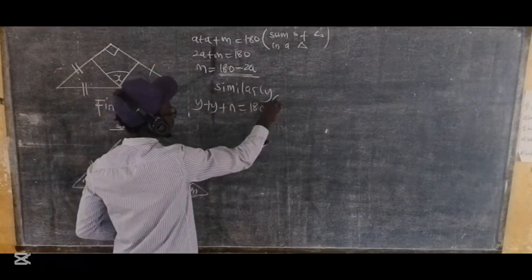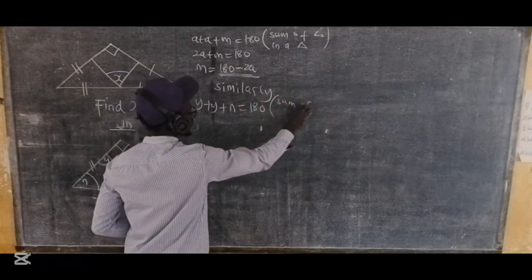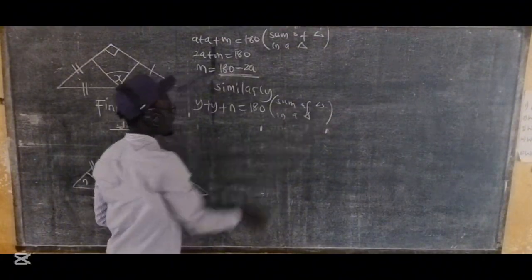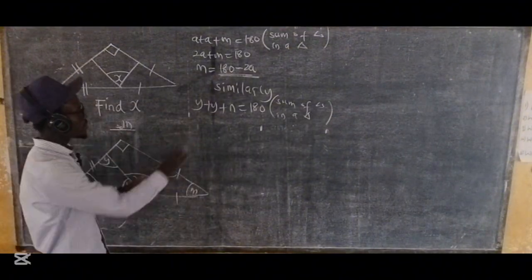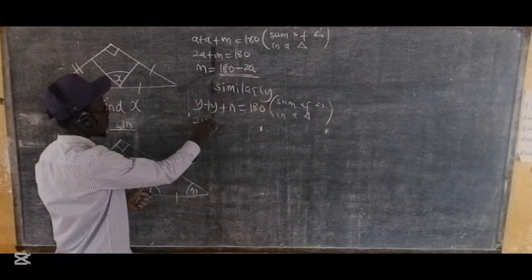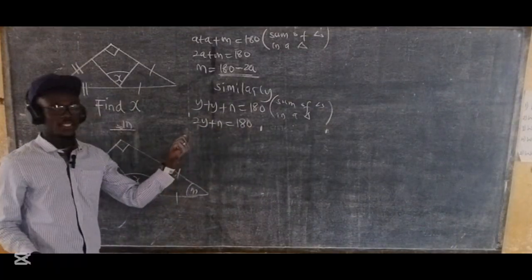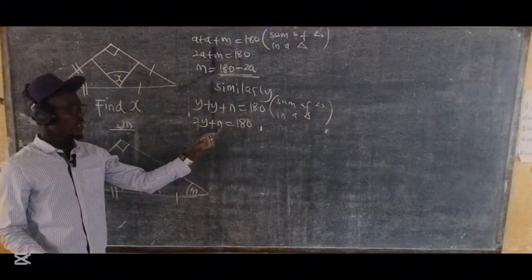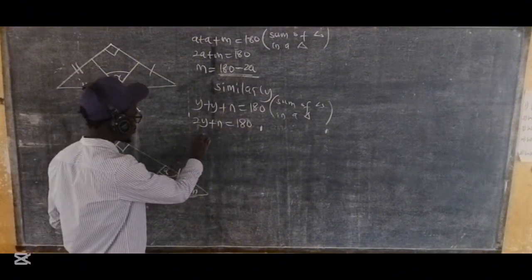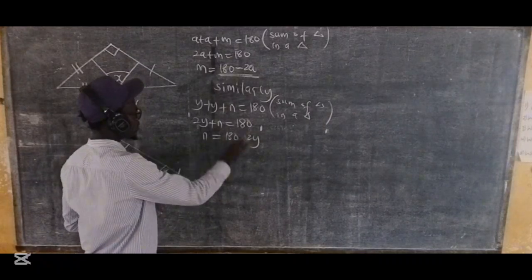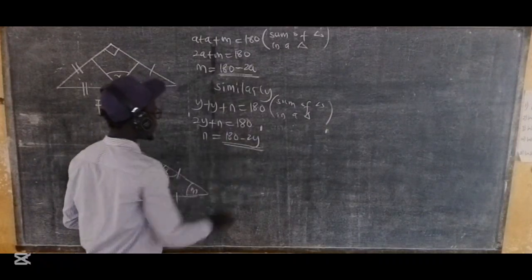The reason being the sum of angles in a triangle. Now if you add, this becomes 2Y plus N equals 180. But we want to find the value of N. Therefore, N equals 180 minus 2Y. So this is the value of N.